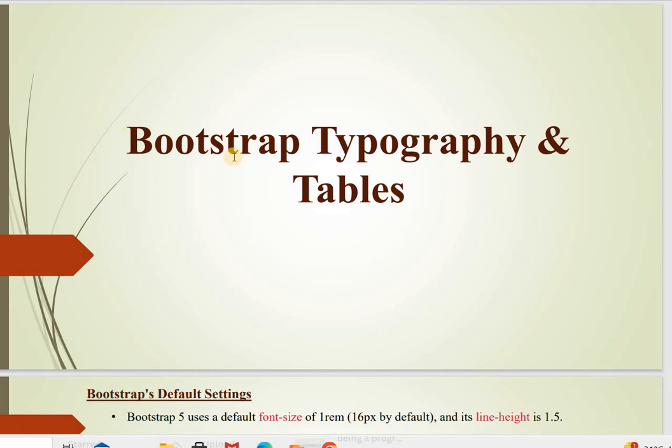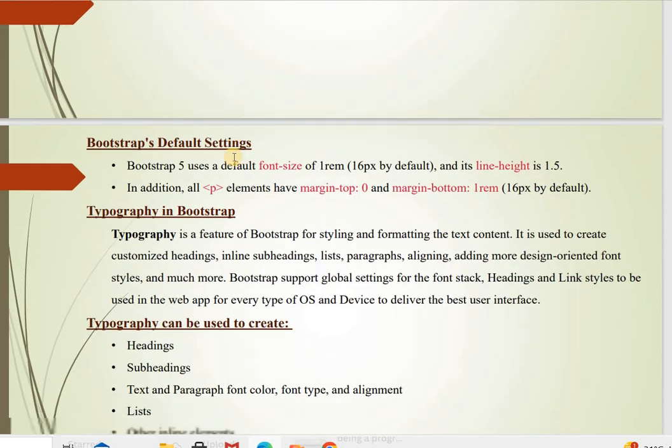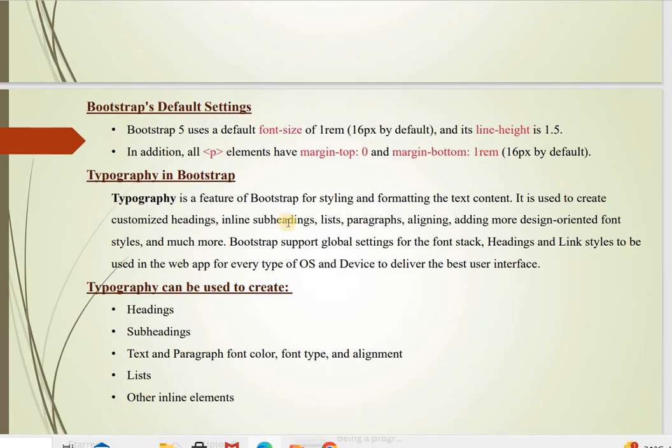First of all, what are Bootstrap typography and tables? Look here. The first point is Bootstrap's default setting. So what is Bootstrap's default setting? Bootstrap 5 uses a default font size of 1 rem, which means 16 pixels by default, and a default line height of 1.5.